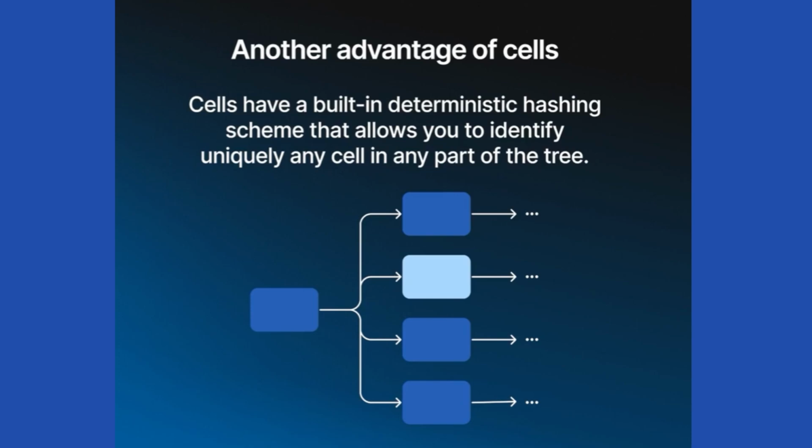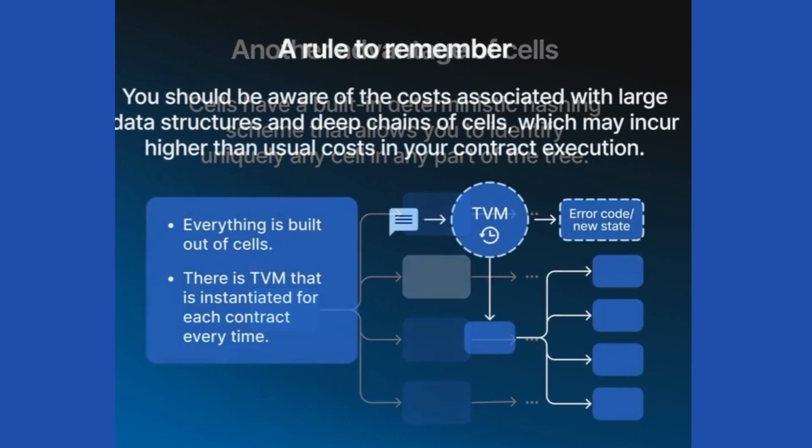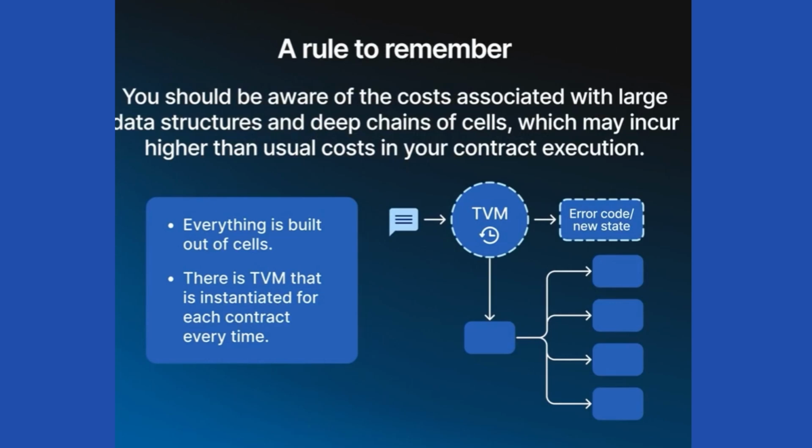It's completely forgotten, but the network still stores the hash of the storage cell. This means that the user could come later and provide the original tree of cells that matches this hash and reinstantiate the contract.